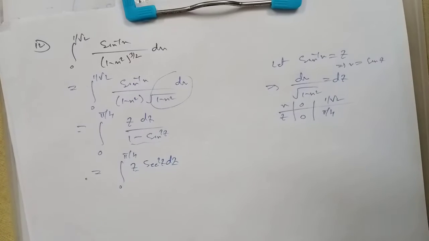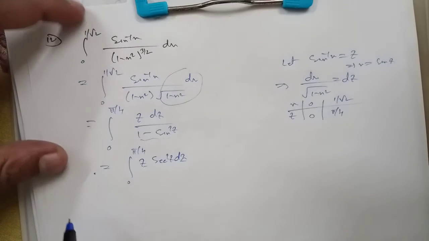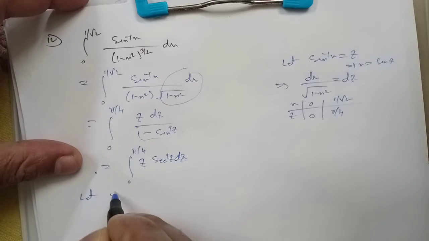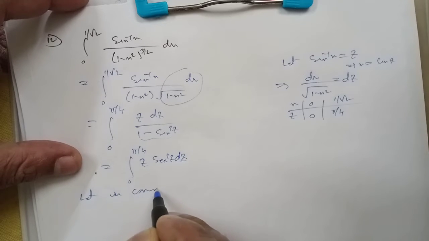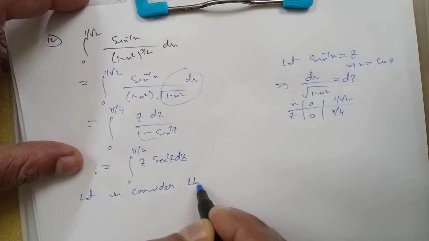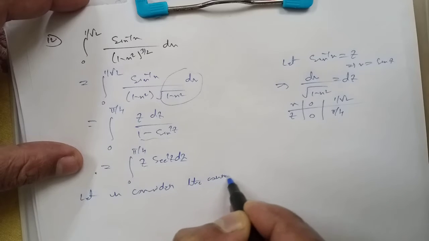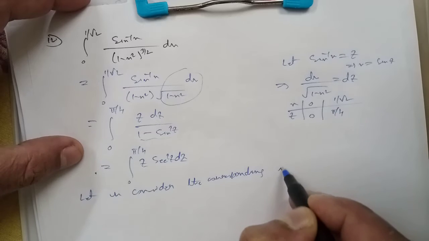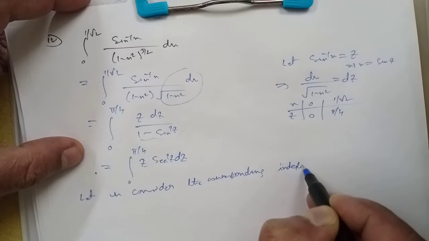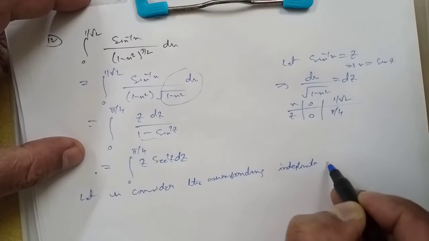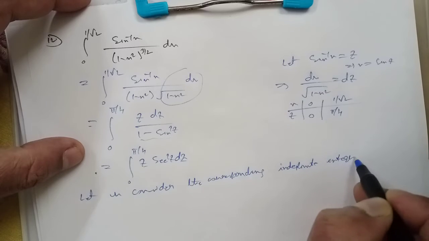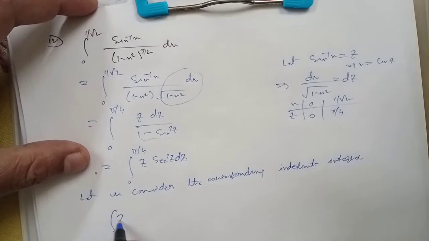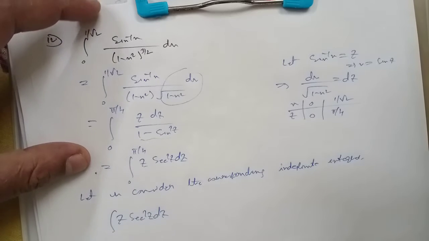Now we are in a position to do integration by parts. So let us consider the corresponding indefinite integral, that is integration z sec square z dz.